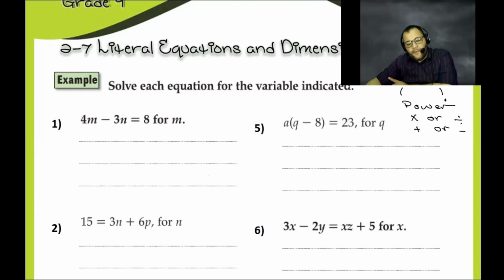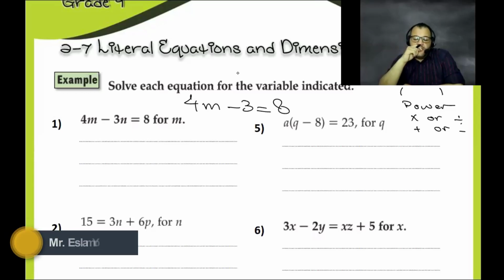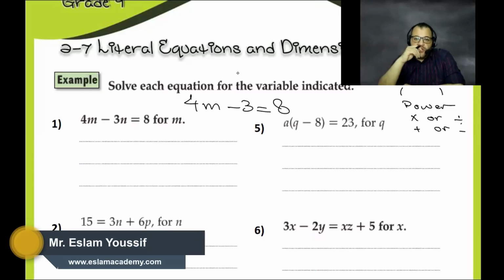Yes. Wallahi, I didn't explain anything new. I didn't explain question number 1. All I said, 4m minus 3 equals 8, that's solving an equation, and that's what I'm explaining now. Did I explain question number 1?